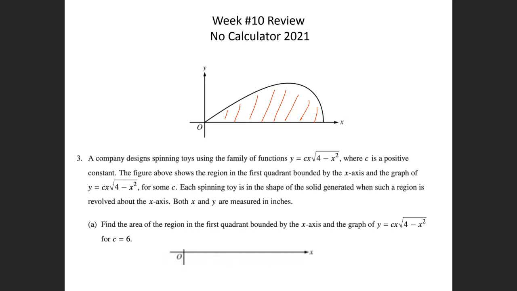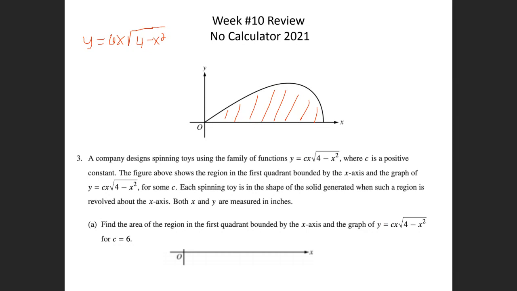So y is equal to 6x square root of 4 minus x squared. Every problem on free response really gets you to think about what's happening, all the different types of calculus that you have to use in order to solve.